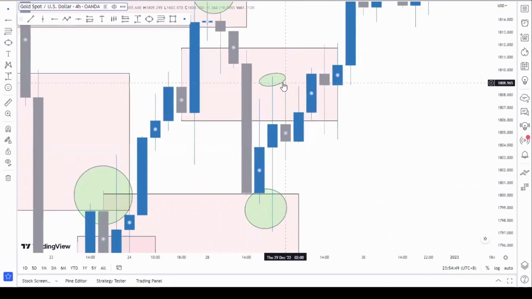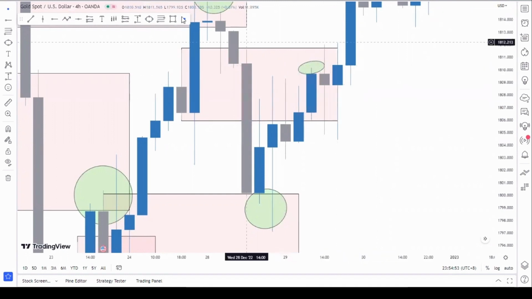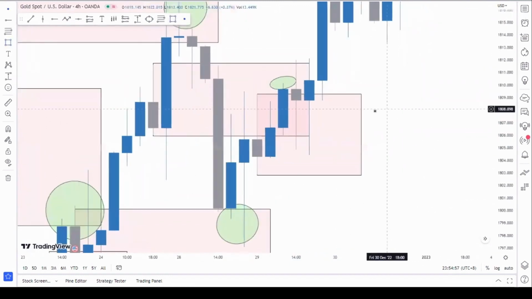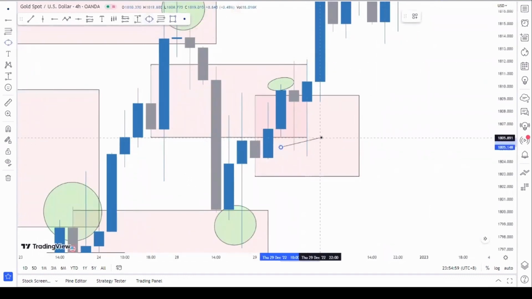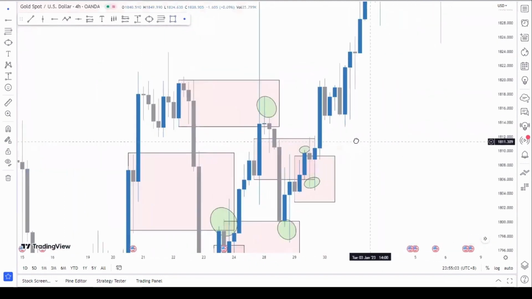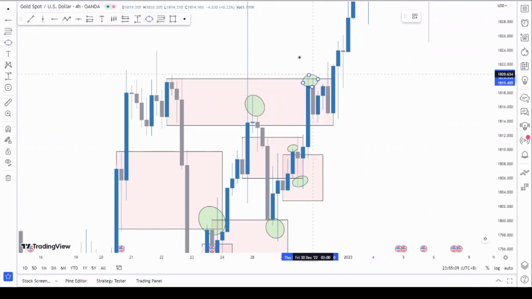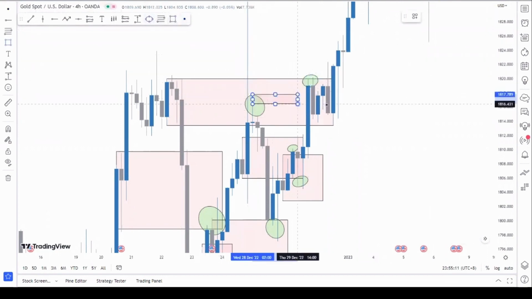We need to focus here, and then it went down to this engulfing buy zone. You see it? This is the cycle of the candlestick. Then it went up again, stuck in this zone for sell for a while, and then went up because of this engulfing fill.